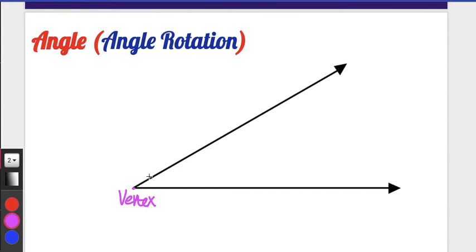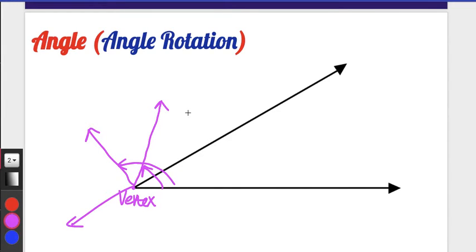For example, imagine when you look at a clock, one of the hands is fixed, but the other hand keeps rotating. I can rotate this finger like this, or like that, or even like that. The space between the two rays tells me how big the angle is.